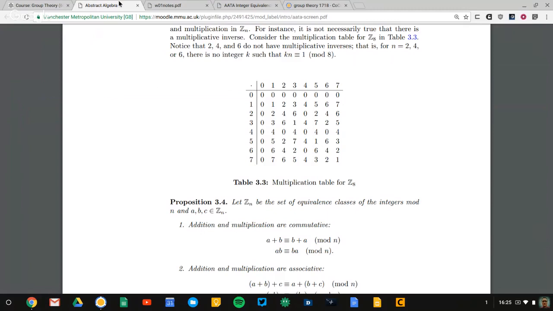If the greatest common divisor of an integer with n is 1, then A will have a multiplicative inverse modulo n. Remember, if the GCD of A and n is 1, that means there's a linear combination of them equal to 1, and so this thing will represent A inverse modulo n.